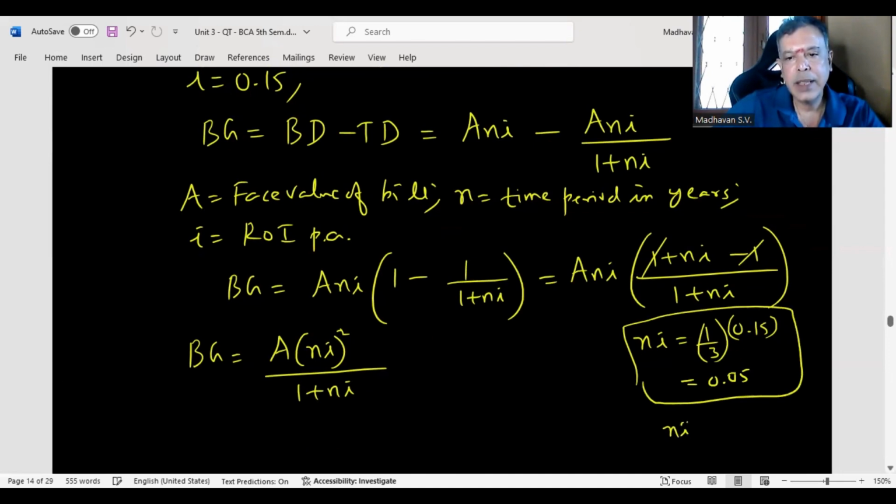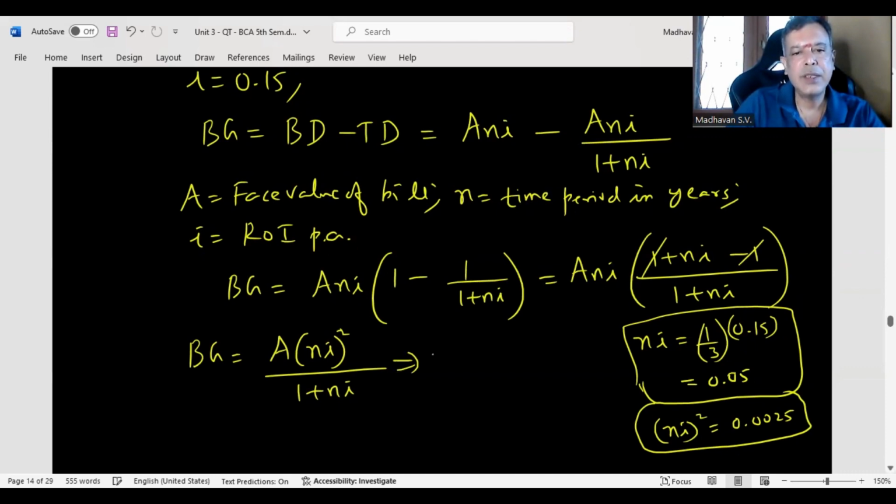Then in that case, NI the whole square will be 0.0025, because that is also required here. So our banker's gain, which is 720, will be A times 0.0025 divided by (1 plus 0.05).